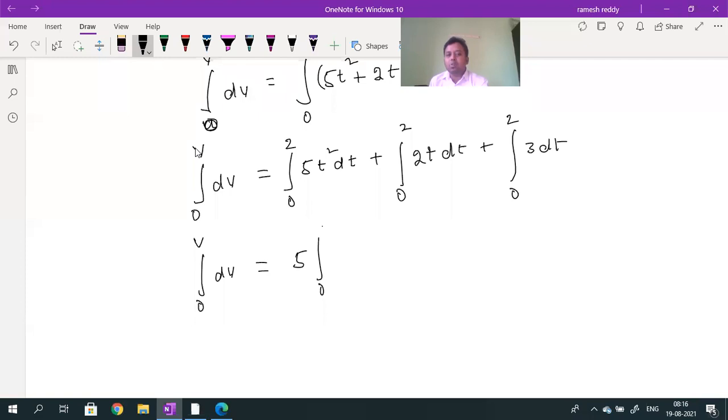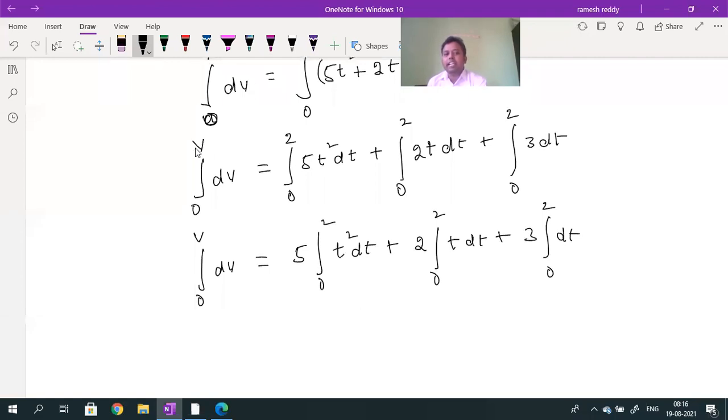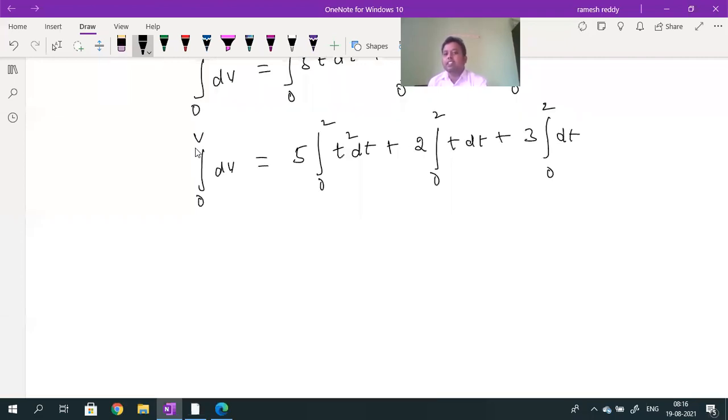Integration of 0 to 2 t square into dt plus 2 constant, integration of 0 to 2 t into dt plus only 3 constant, integration of 0 to 2 into dt. Understood? Integration of 0 to 2 into dt. Now can I write the integration formulas? What is integration of dv?